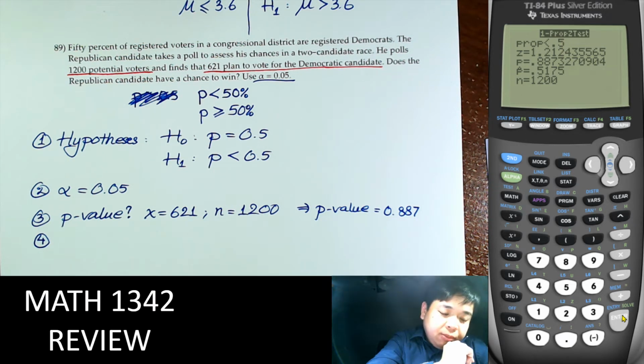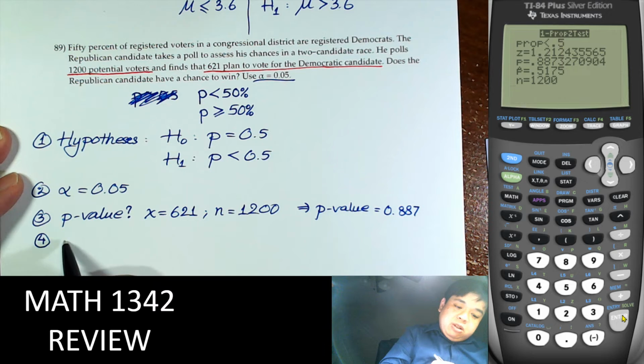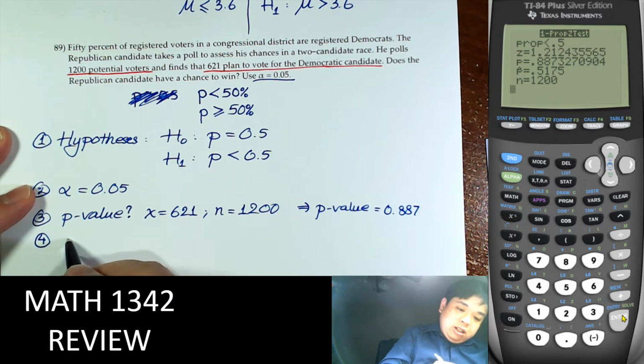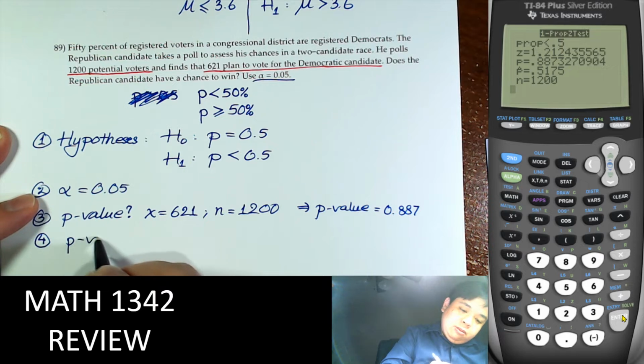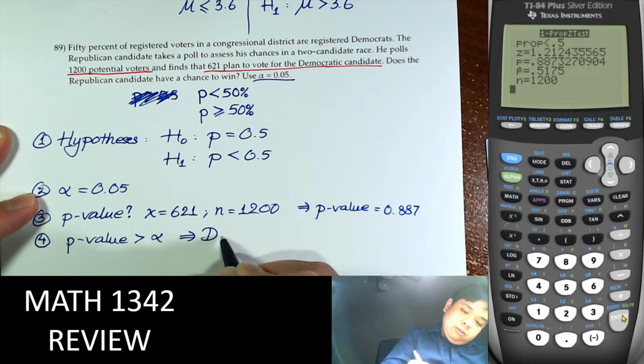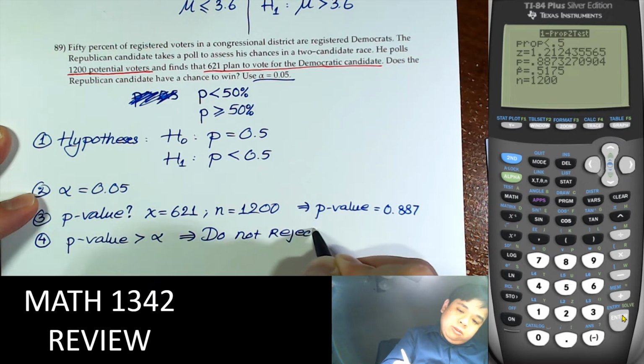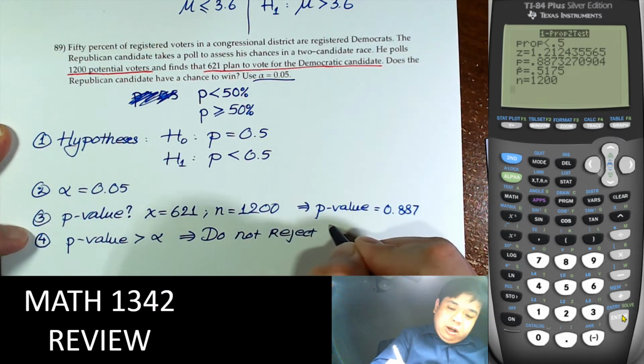And so the p-value is bigger than alpha, so we do not reject the null hypothesis.